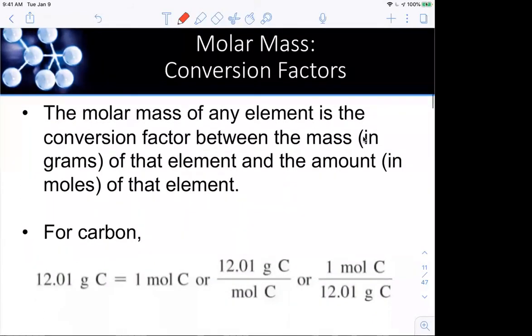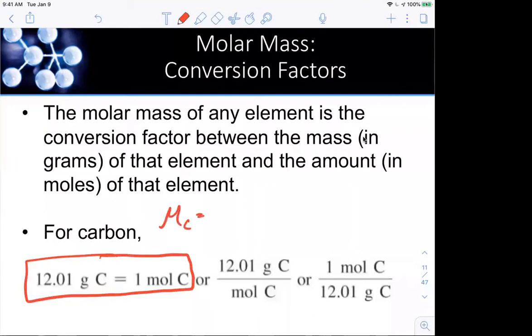Now, this is an equivalency statement. For carbon, off the periodic table, I can write this equivalency. 1 mole of carbon atoms has a mass of 12.01 grams of carbon, or the molar mass of carbon is 12.01 grams per mole.